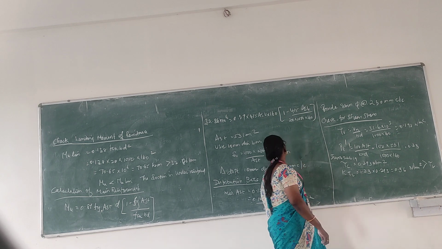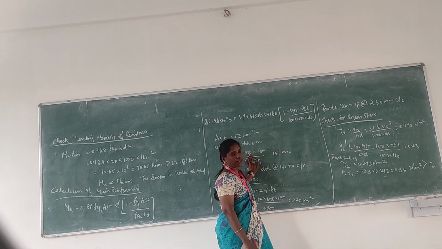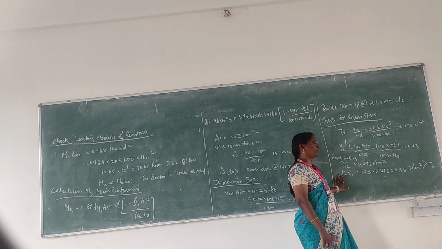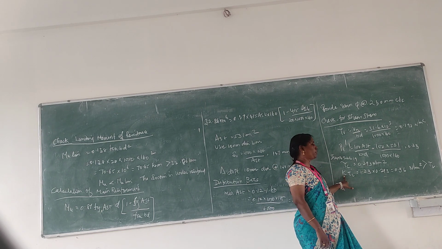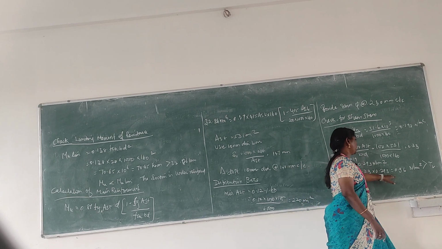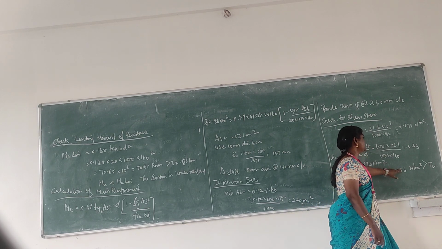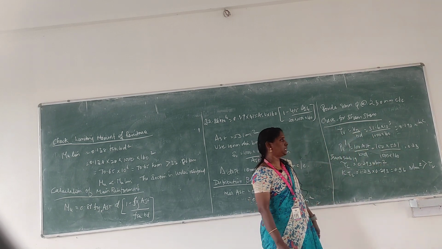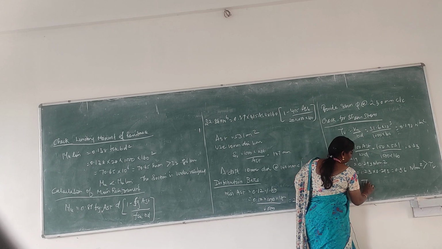In this slab, the overall depth is 185. According to that overall depth, we calculate the K value. In this problem, the K value is 1.23 and tau C value is 0.293. So, overall 0.36, which is greater than tau V. Therefore, tau V is less than tau C. The shear is safe.